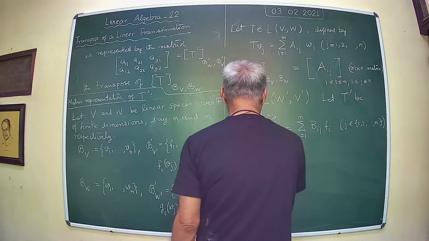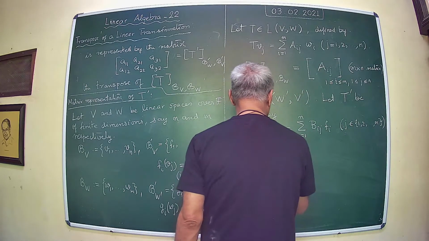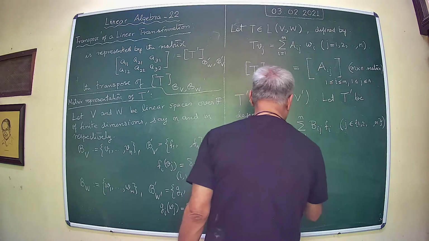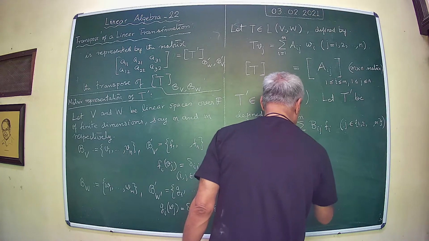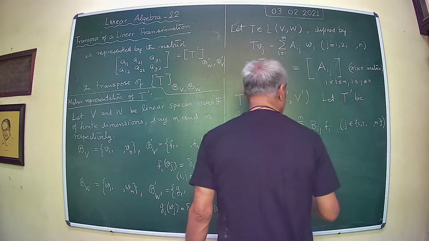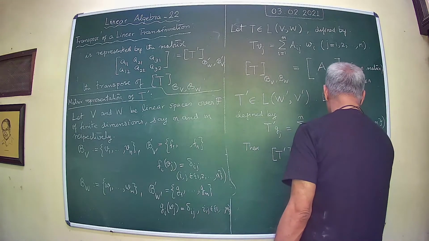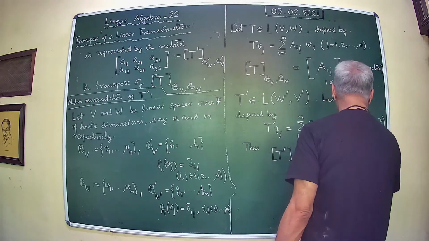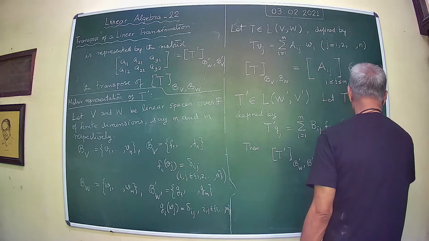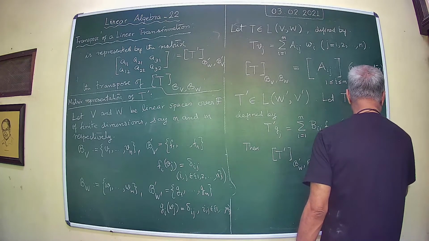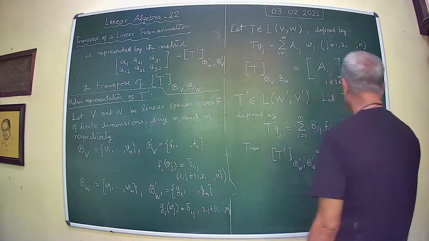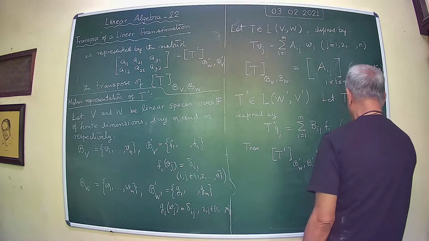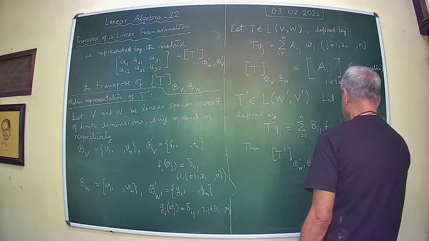Then, which is an n by m matrix, that means 1 less than or equal to i less than or equal to n.